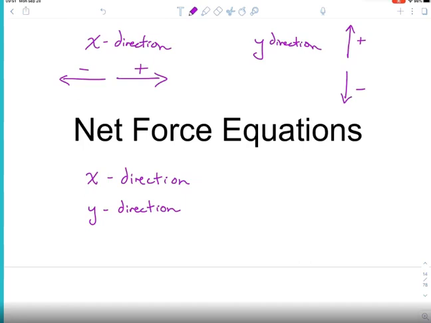So I can add all of my forces together, and if it's going up, it's going to be a positive number. And if it's going down, I'm going to subtract it. So all of your forces are always going to be positive numbers, and then if I make it an add or a subtract, that's with regards to if it's going to the right or left versus up or down.